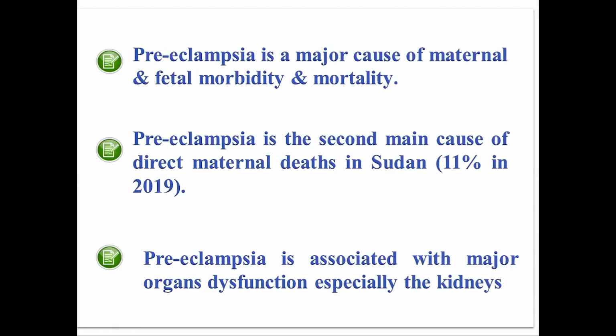Preeclampsia is associated with major organs dysfunction, especially the kidneys. In Sudan, as a developing country, one of the predisposing factors for preeclampsia are the environmental factors, and these include the socioeconomic status, and definitely low socioeconomic status can increase the rate of preeclampsia incidence.